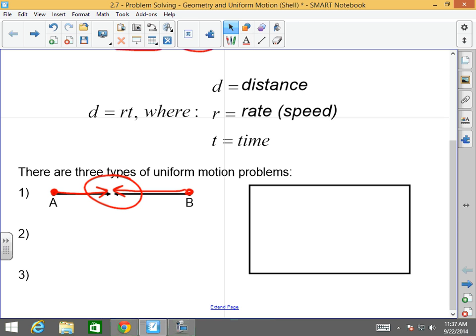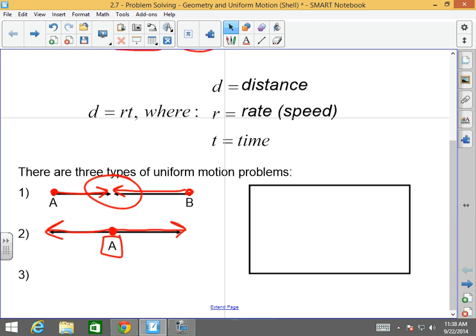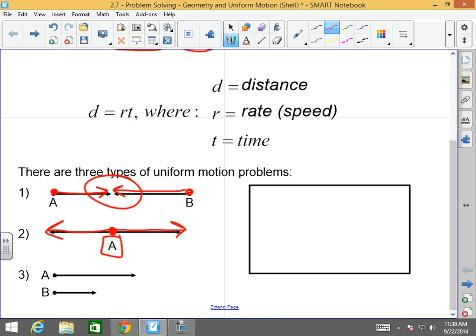The second type is when you have a train leaving from the same station, for example, and one train goes in one direction and the other train from the same station goes in the other direction. And the third type is when you have one train that leaves earlier than a second train. And then the second train, since it left later, has to increase its speed, and it's trying to catch up with the first train.